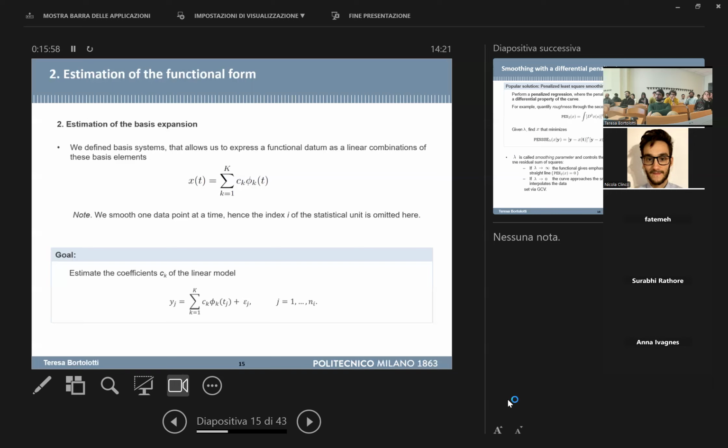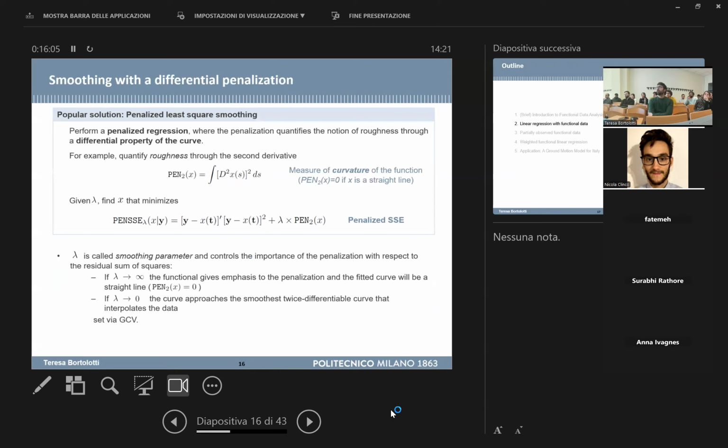All right. So again, you have a regression problem, and the typical way that we adopt to solve this regression problem is through the least squares and through the introduction of a penalization that reflects the desired properties of regularity of the function that you are looking for.